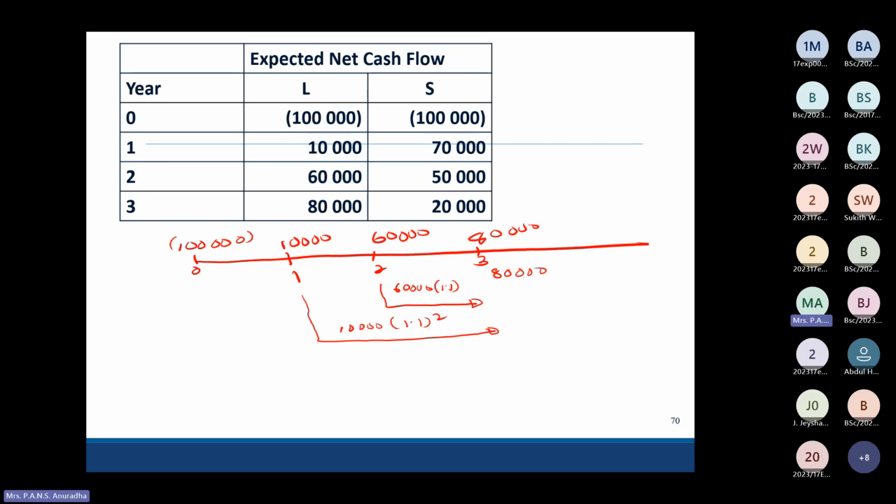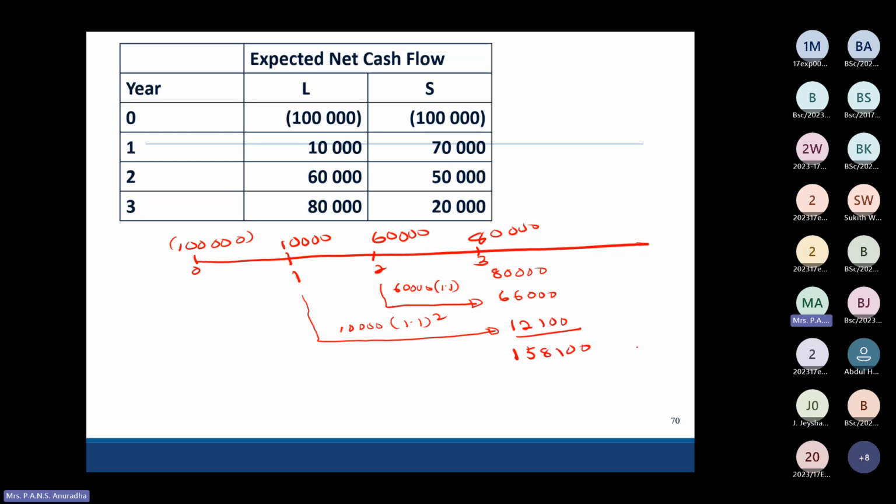So what are the terminal year values? 60,000 into 1.1 is 66,000. 10,000 into 1.1 to the power 2 is 12,100. So the terminal value is 12,100 plus 66,000 plus 80,000, which is 158,100.